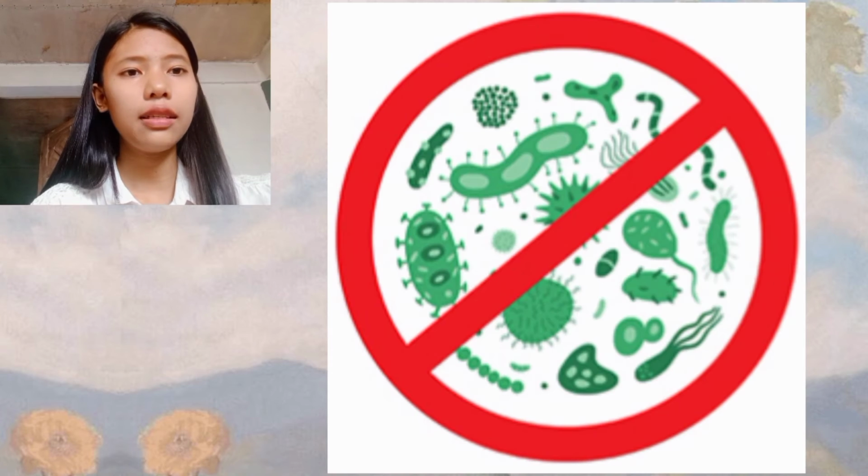It fights disease-causing germs like bacteria, viruses, and fungi, and removes them from our body. It also recognizes harmful substances from the environment and fights diseases that cause changes in the body, such as cancer cells.